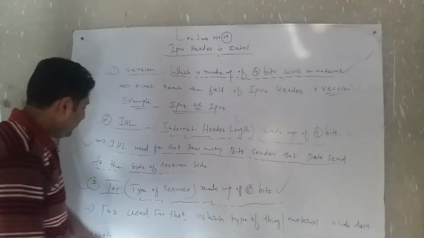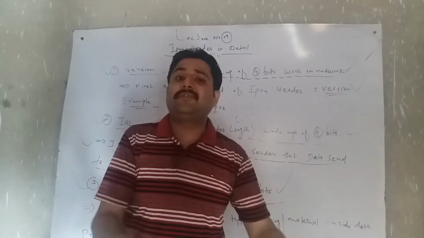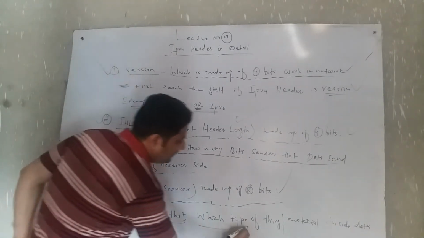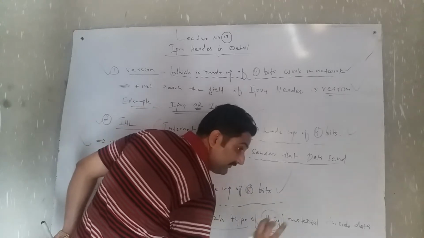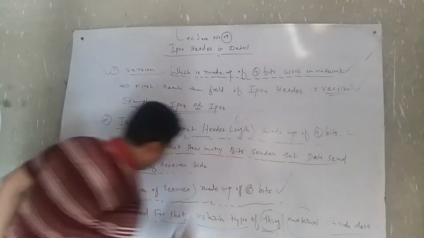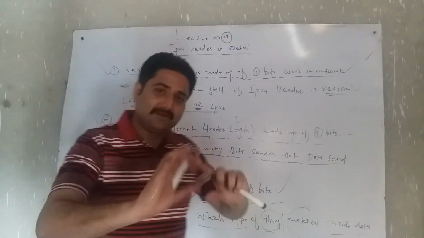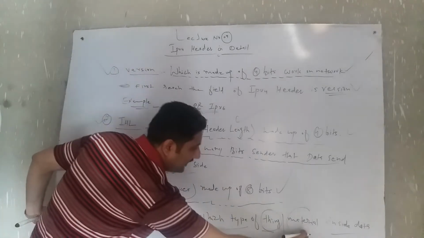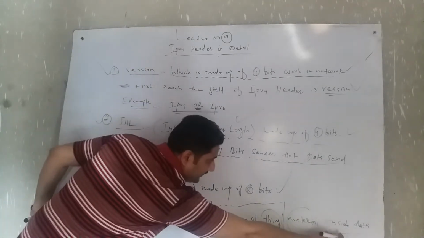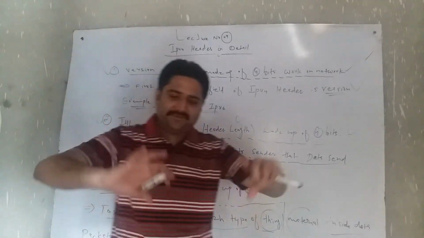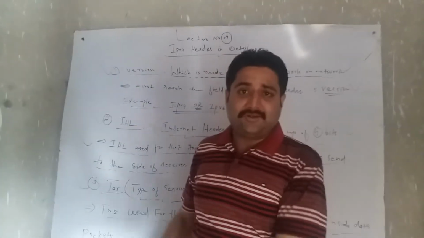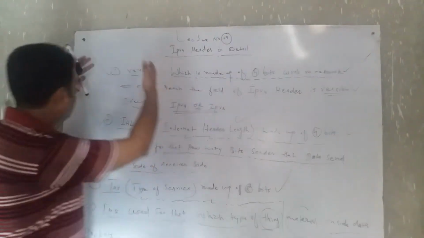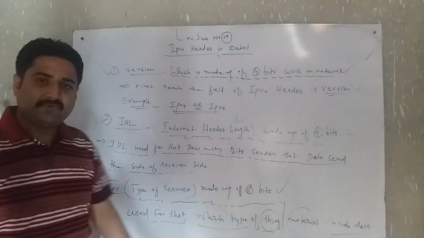Now, how does it work on the network? It is used for marking the type of service inside data packets. When the sender sends data, it indicates how that data will be handled on the network. So that's the concept of version, IHL, and TOS.